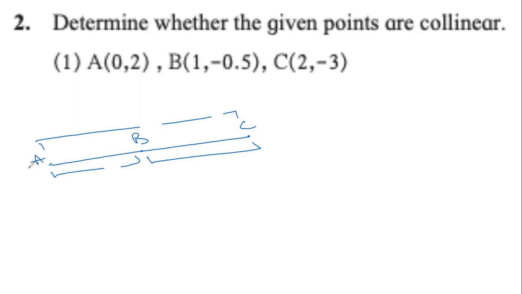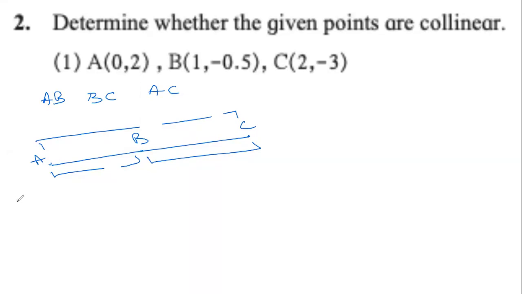But is it really enough? Yes, it is enough. The other method that we studied, I think when we studied the distance formula, is this: if we find the distance AB, the distance BC, and the distance AC, then the sum of the two smaller distances will be equal to the longest distance. If that happens, then also these points are collinear.